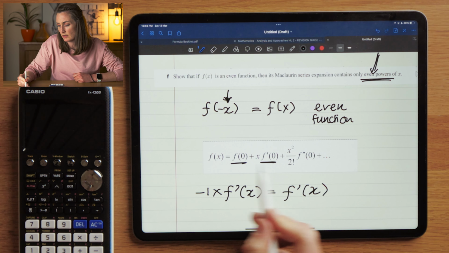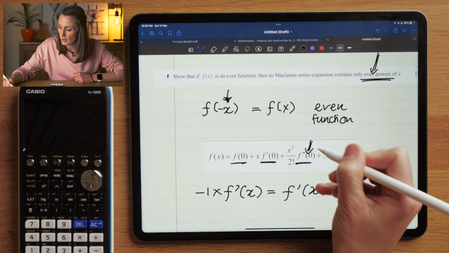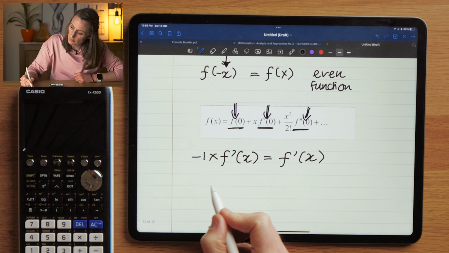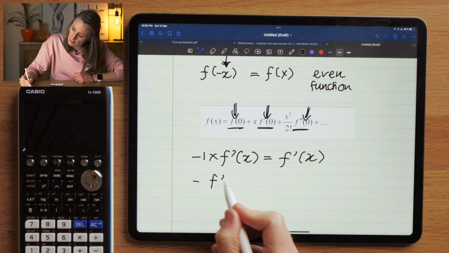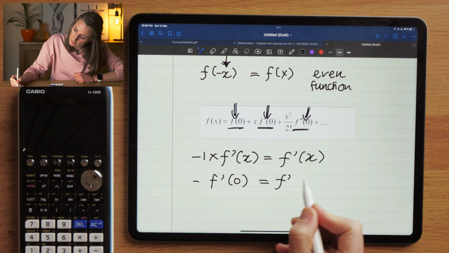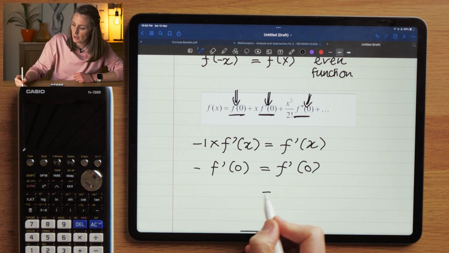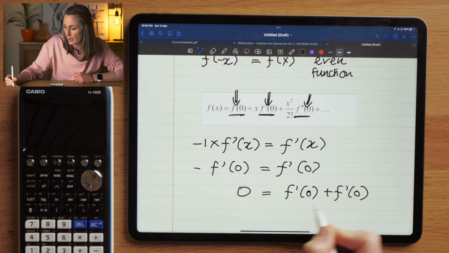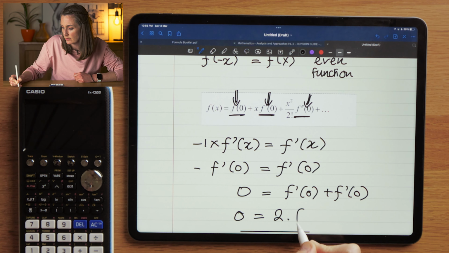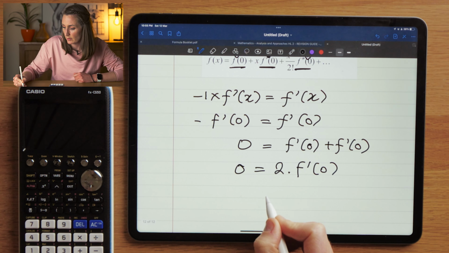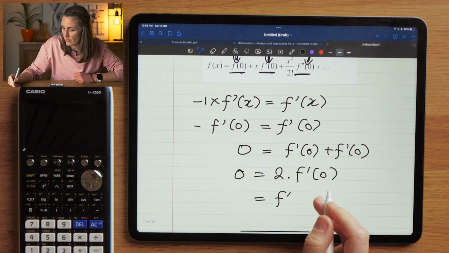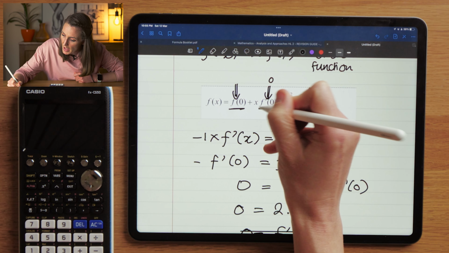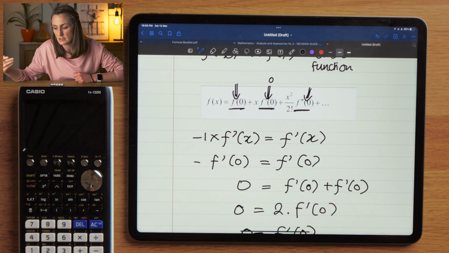We're going to be evaluating all of these functions at 0 to work out what you would plug into the Maclaurin expansion. I can put both of these derivatives on the same side, and you already know this, guys. The first derivative is going to be equal to 0, which means this is going to be x times 0, which means this is going to be 0.